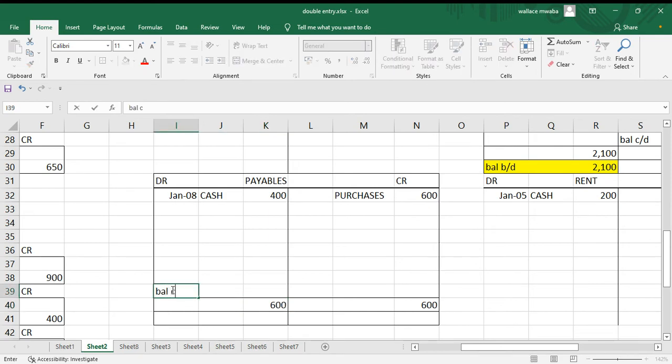Our balance carried down: 600 minus 400, we get 200. So at the first of the next month, our balance brought down is going to be 200.